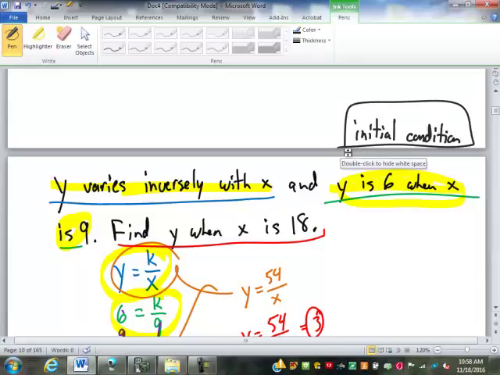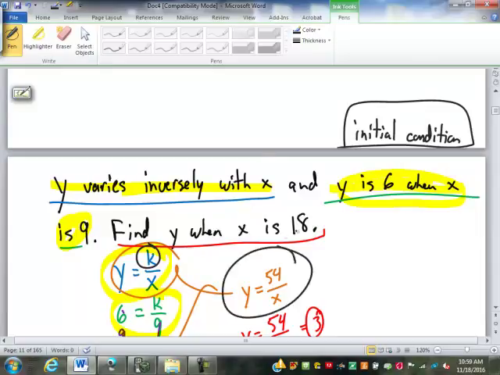So when you're given that set of points, a value for y and its corresponding value for x, then you can figure out what k is and replace k with a number instead of having just k there. Because in the relationship, k really is a number. So if we can figure out what k is and put it in, we should do that. So anytime you're given x and y, it's implied that you're going to figure out what k is and replace k in that relationship.